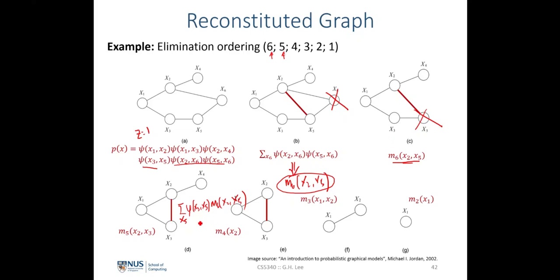we will be left with a message m5 of x2 and x3 here. Because it consists of the random variables x3, x2, and x5 in the original summation, and finally, after eliminating away x5, we are left with x2 and x3.